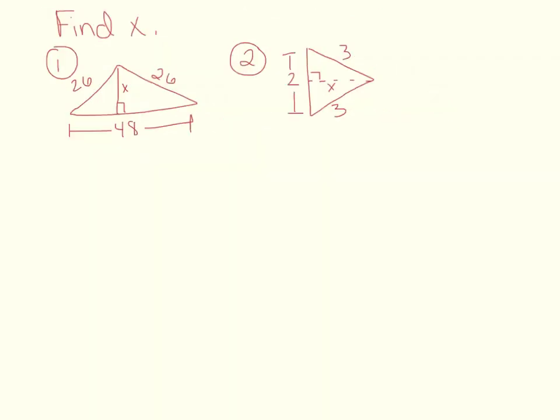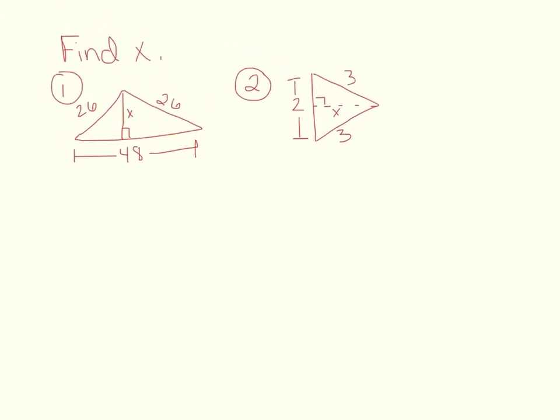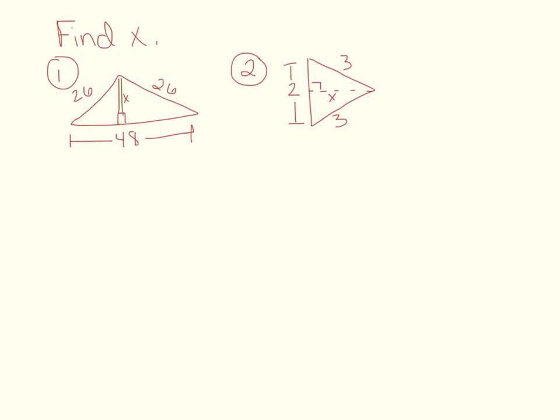Find x on number 1. Okay, so we want to figure out, using the Pythagorean theorem, what x would be. So if I know that on number 1, this entire base is 48, and each side is 26, then we know that this is the midpoint, which means this length is half of 48, which is 24.